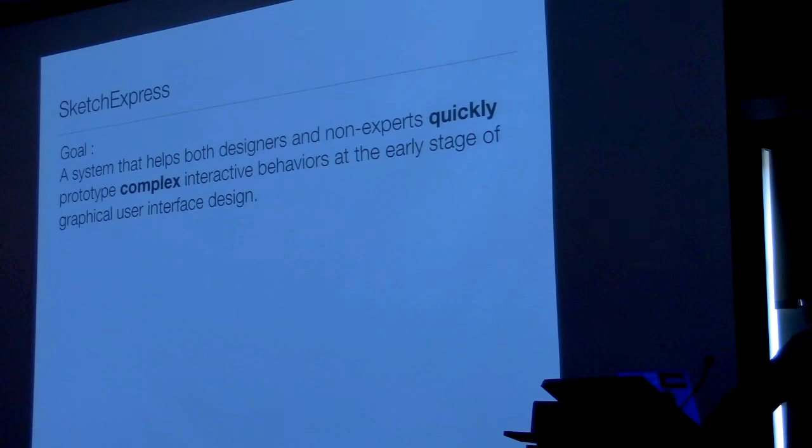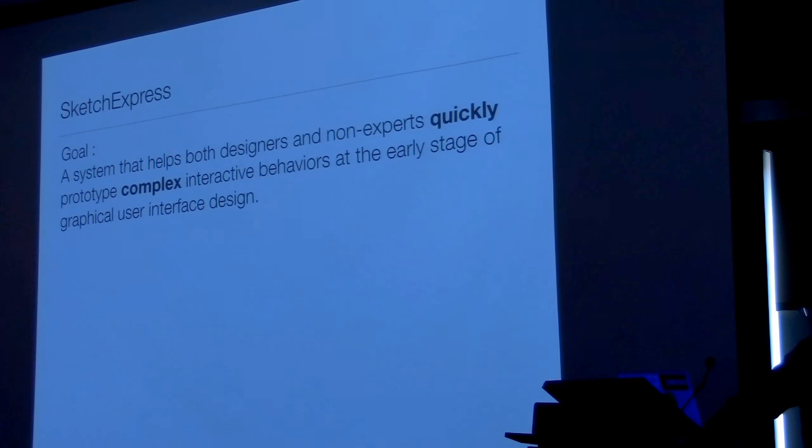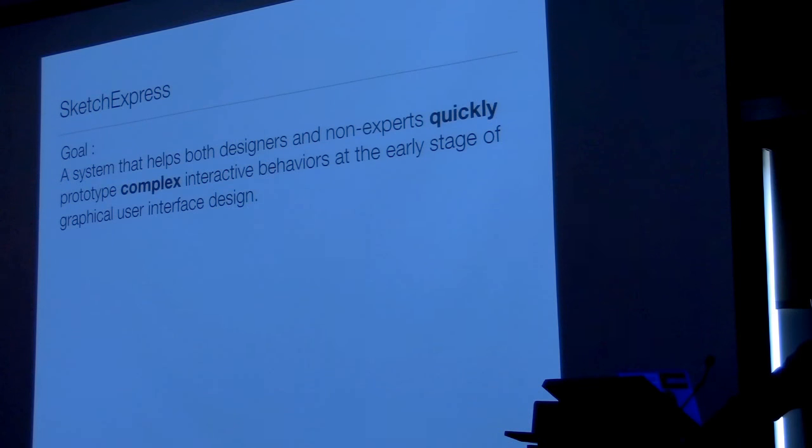To address these problems, we introduced SketchExpress, a system that can help designers prototype complex interactive behavior in early prototypes. It takes the idea of crowdsourcing from Apparition, and it is in fact built on top of Apparition.